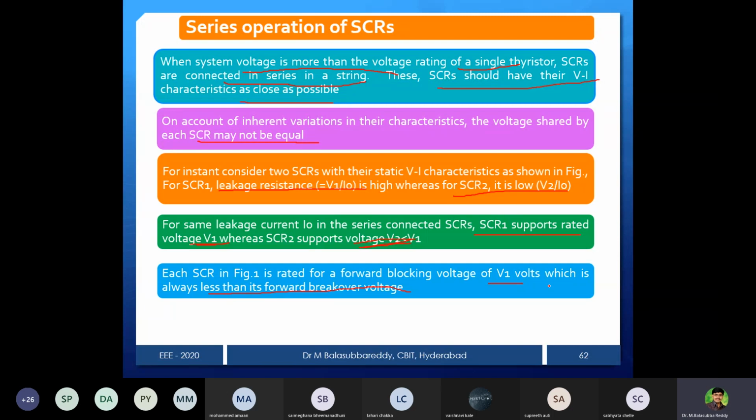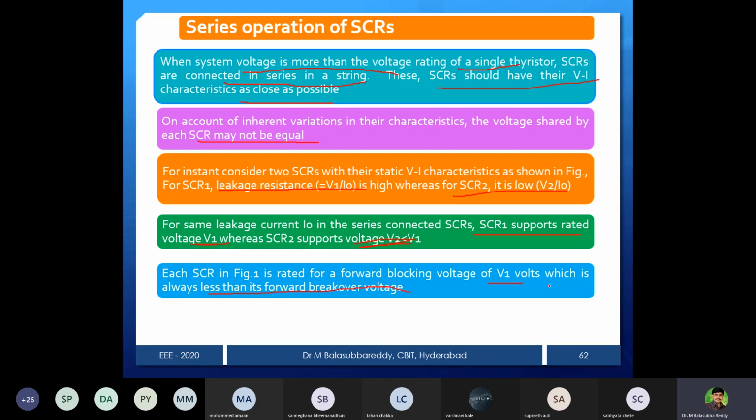Rated for a forward blocking voltage of V1, which is always less than the forward breakover voltage. If not, what will happen? If the blocking voltage is more than the breakover voltage, the device will automatically break down, which means the device will conduct.